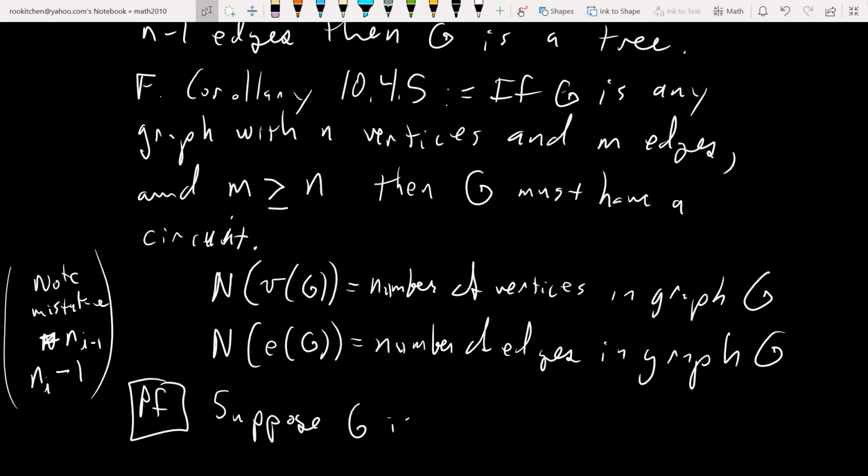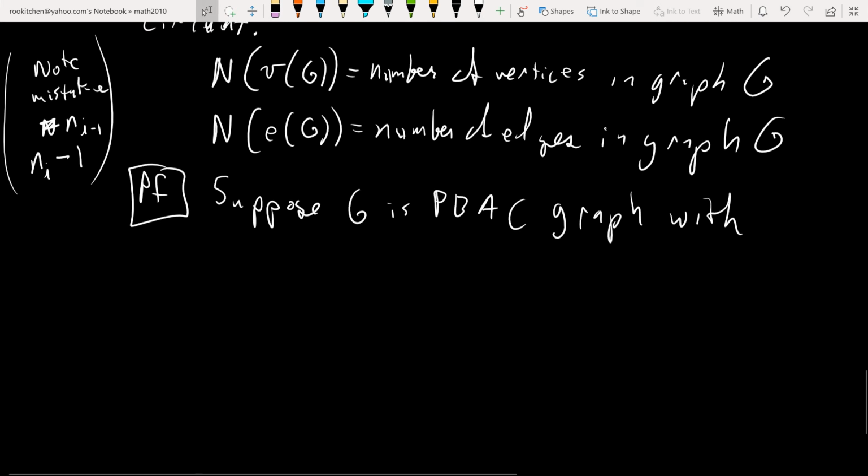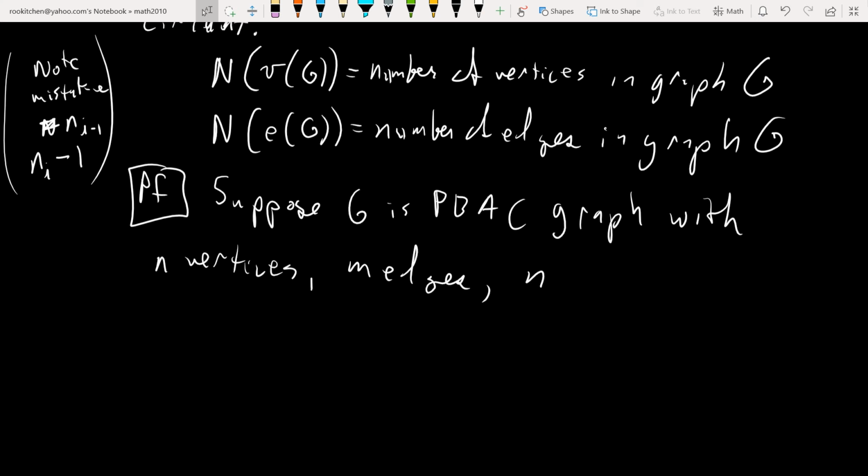Suppose G is any particular but arbitrarily chosen graph with n vertices and m edges. m is greater than or equal to n, and we'll say that G is not connected, or G does not have a circuit.